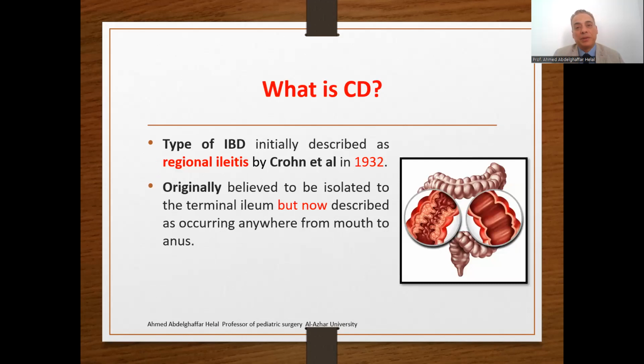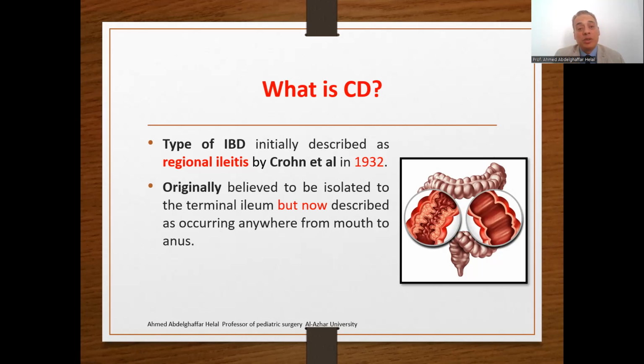On the other hand, what is Crohn's disease? It is a type of inflammatory bowel disease, initially described by Crohn and bearing his name. He described the disease as regional ileitis, originally believed to be isolated to the terminal ileum only.